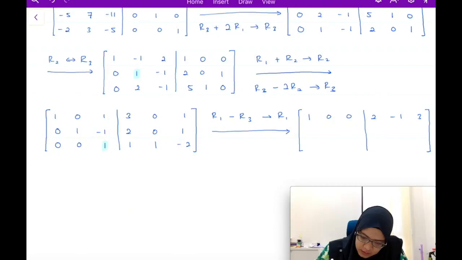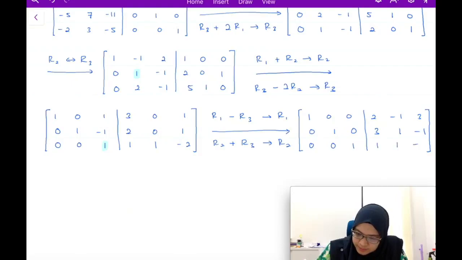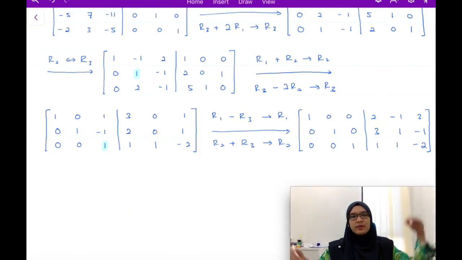Next, we take row 2, add row 3, and apply that to row 2. We have 0, 1, 0, 3, 1, negative 1, and we just copy row 3. And so there you have it.